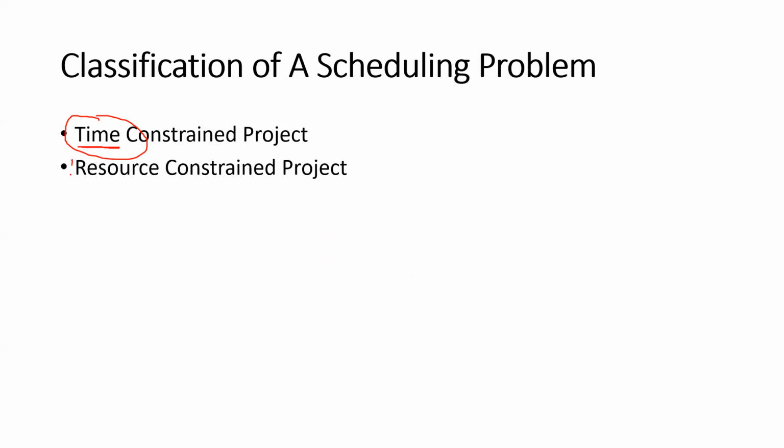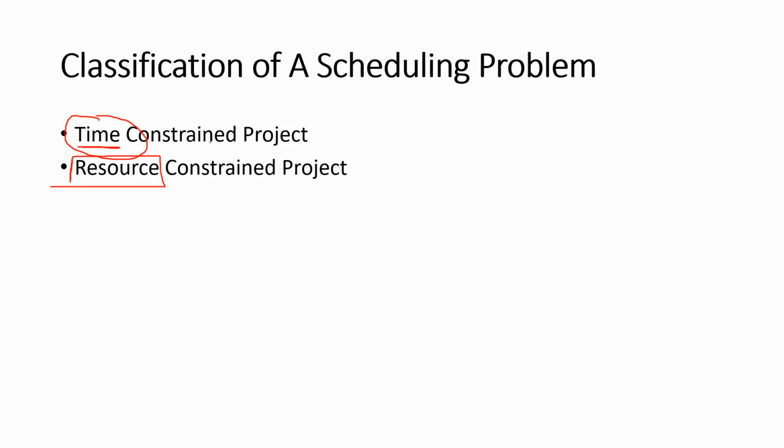The other scenario is the resource constraint project. In the resource constraint project, the resources are going to be constrained, but the time is flexible. Those are not in your handout. Actually, I did not upload this handout to the LMS because I want to add more slides to it.